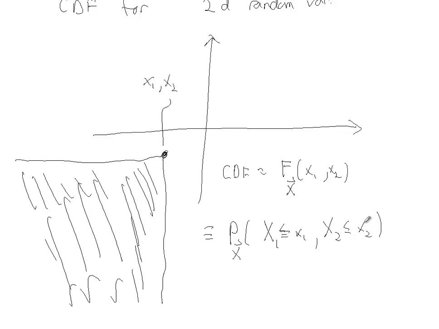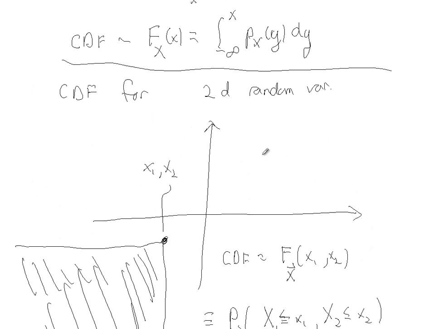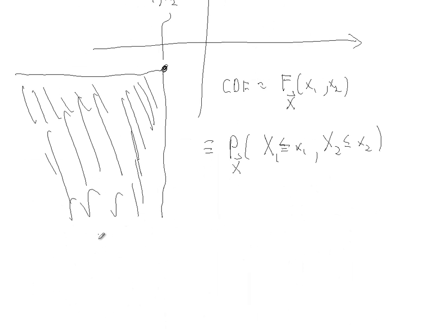Now, how would we write this in terms of integrals? In the one-dimensional case, we were able to write the CDF as an integral of the probability density function. How can we do that in two dimensions? We'll have an integral expression. To find the probability of an area, we simply integrate the probability density function over that area.